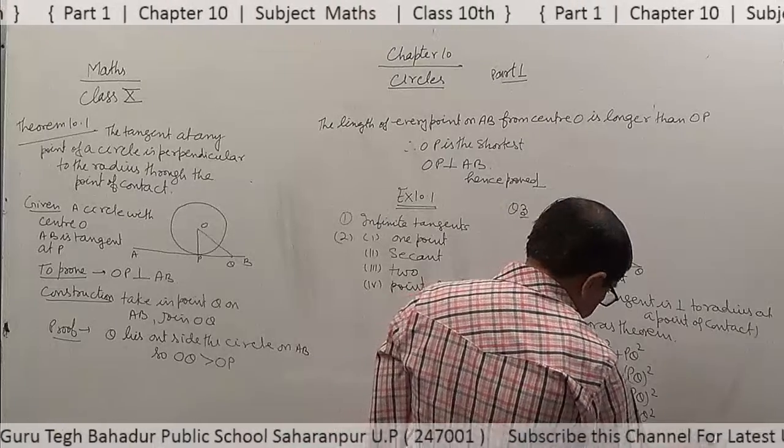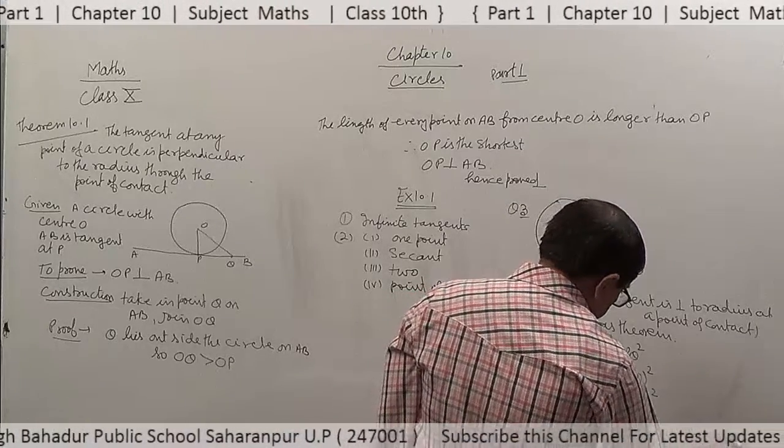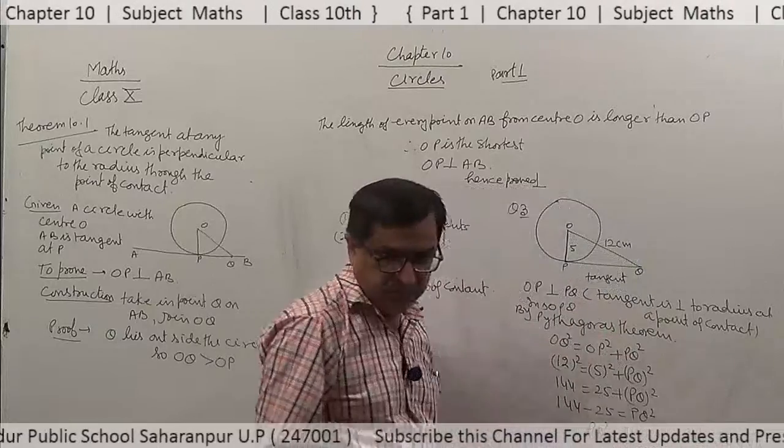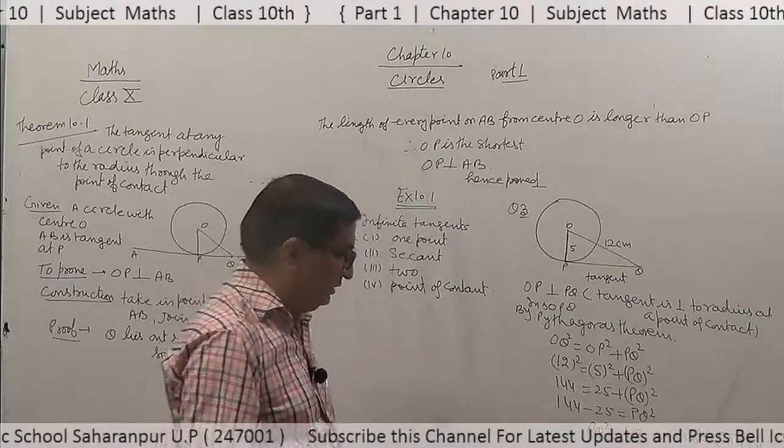Therefore, PQ is square root 119 centimeters. Option D is correct.